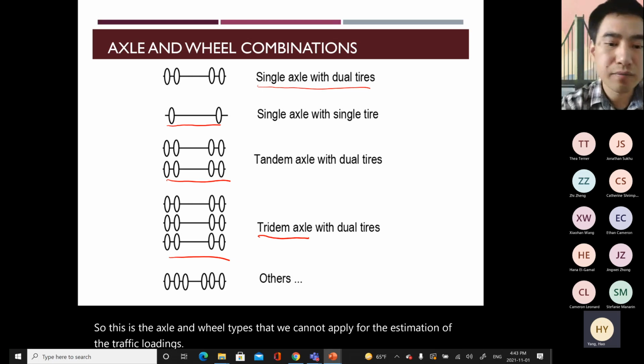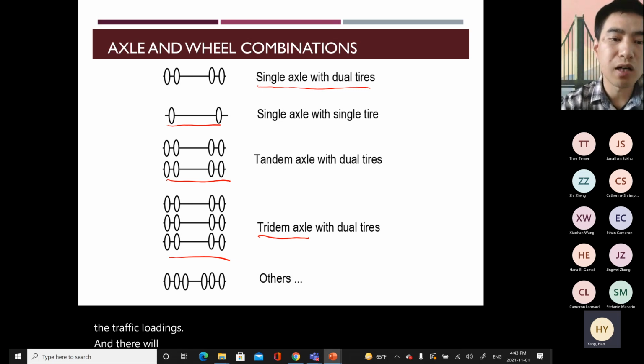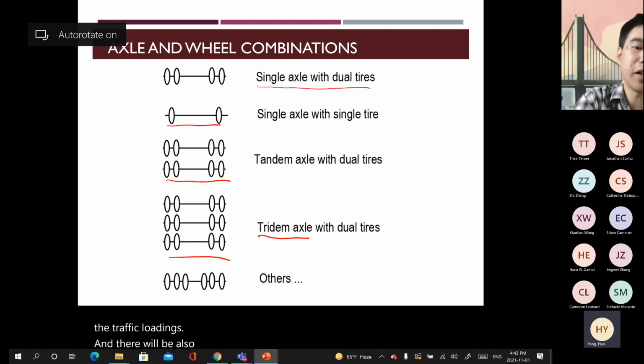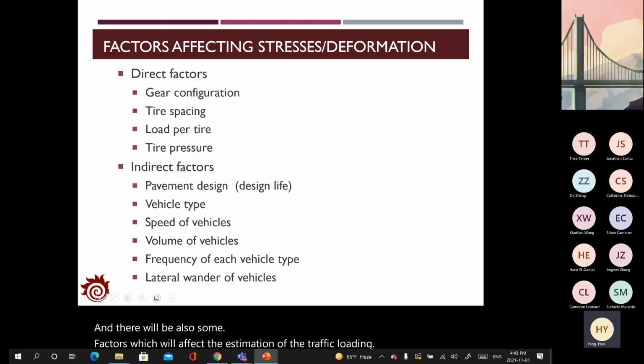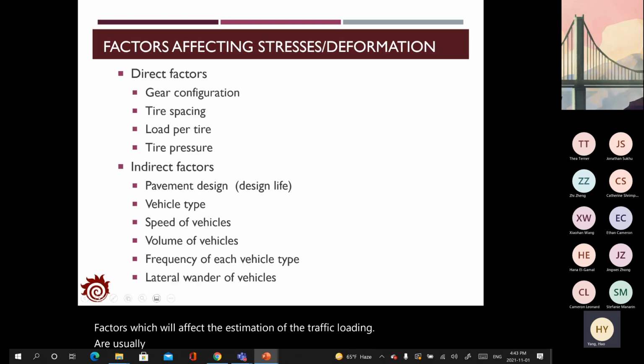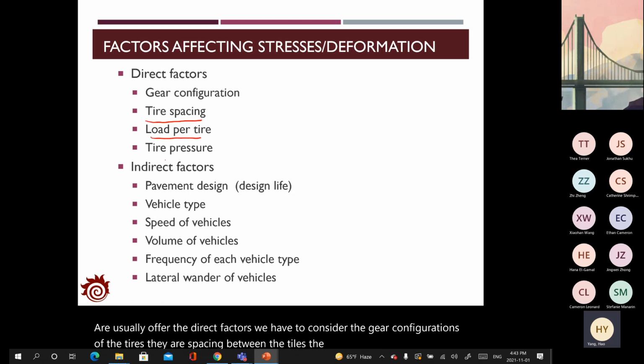And there will also be some factors which will affect the estimation of the traffic loading. Usually, for the direct factors, we have to consider the gear configurations of the tires, the spacing between the tires, the load applied to each tire, and also the tire pressure that will be applied.